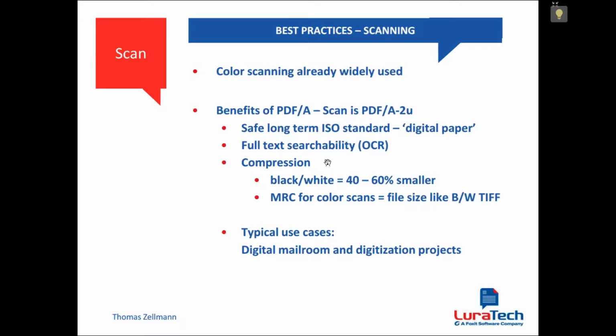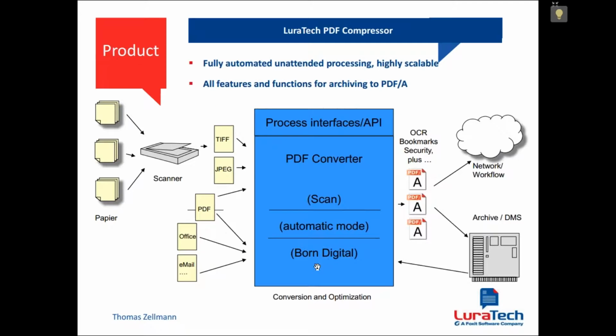So you can also find those documents, and you have seen the compression, so we can do a very high compression here. Even for black and white, they can get 40 to 60% smaller, or if you go for color scans, I showed you the samples, they reach the size you know from black and white. And as I said, the typical applications are the digital mailroom and digitization projects.